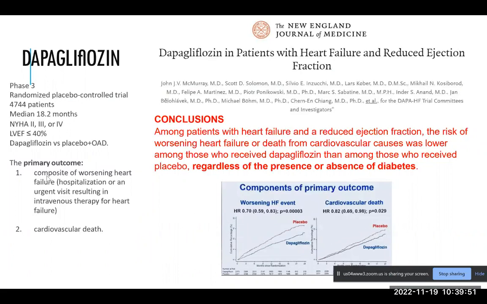And again, when we talk about dapagliflozin, which is also another SGLT2 inhibitor, it showed in the studies that among patients with heart failure and reduced ejection fraction, risk of worsening of heart failure or death from cardiovascular causes was lower among patients who received dapagliflozin.